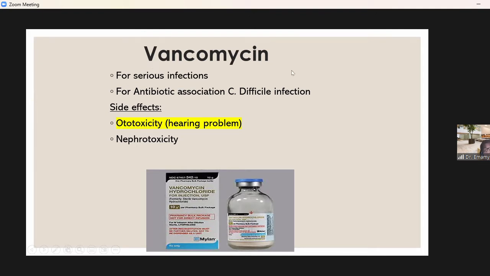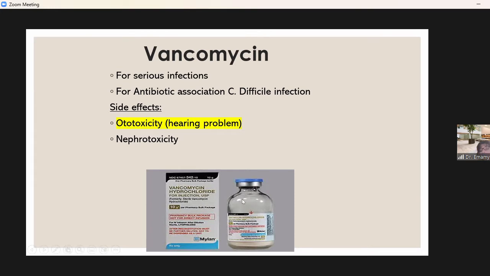So you need to know about side effects and adverse effects. First of all, you need to infuse vancomycin over longer than 1 hour. If you give an infusion of vancomycin very quickly, in less than 1 hour, then the patient develops Redman syndrome, rash and urticaria in the face, chest, and neck. But Redman syndrome is not a contraindication for vancomycin.